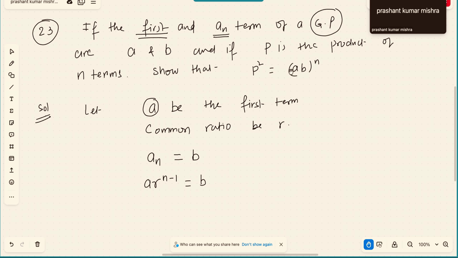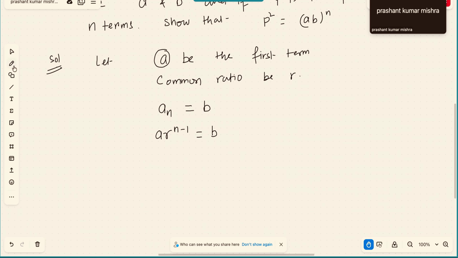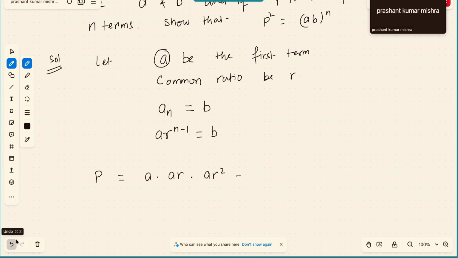Now they're saying P is the product of the n terms. So that means P equals A times the second term AR, then the third term AR square, then the fourth term AR cube, and so on till the nth term, AR raised to n minus 1.